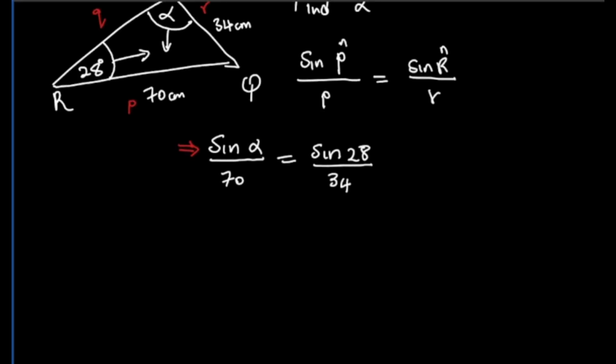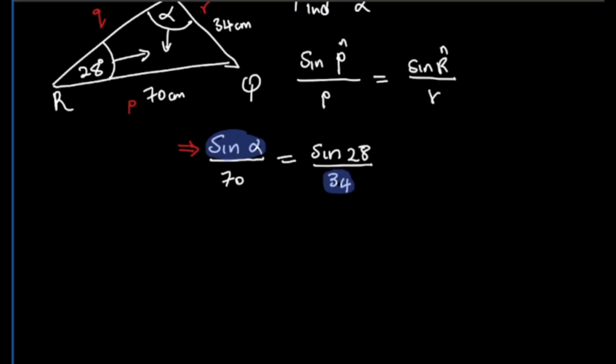Yes. So when you cross multiply, this one, you're going to take the 34 and multiply that with the sine of alpha. We are cross multiplying. Are you happy with that?